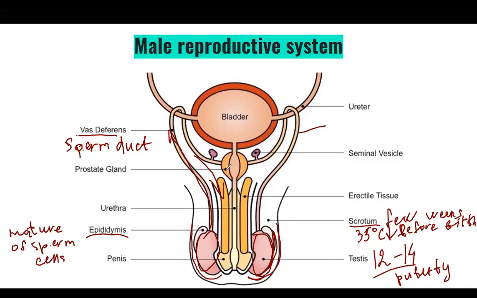Also, a number of glands are located beside the sperm duct. Yeah, we see, that's the seminal vesicles and prostate gland. These glands produce a liquid called seminal fluid.